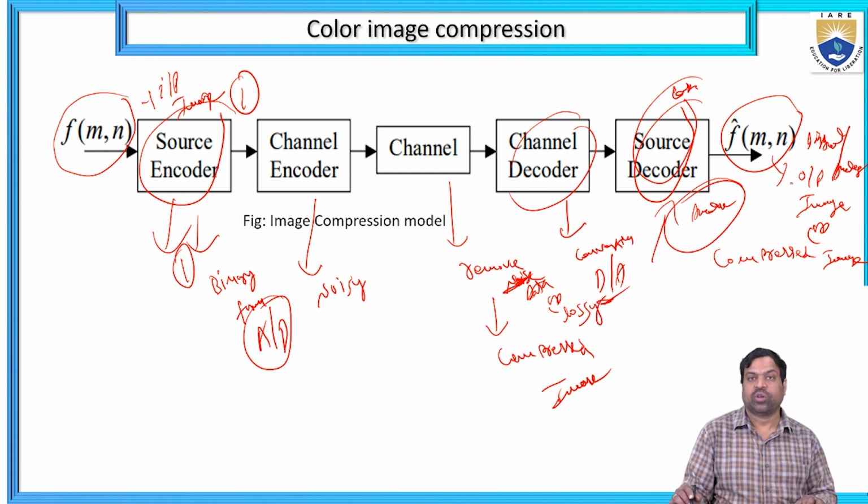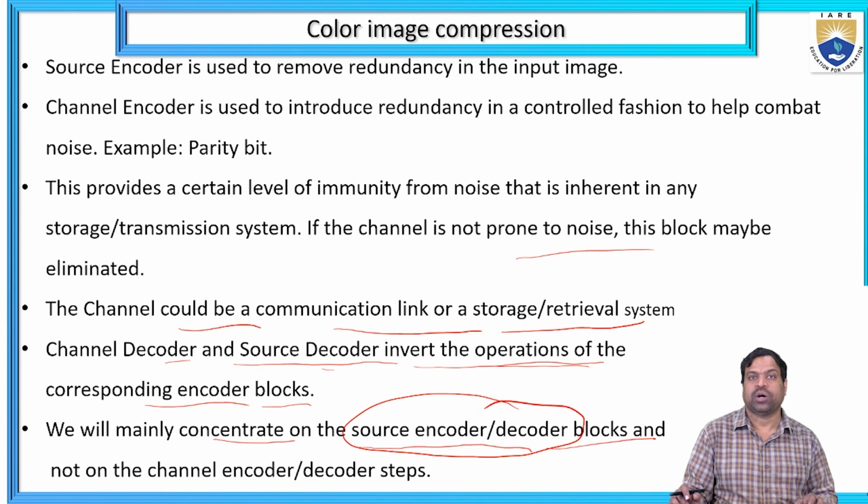Channel decoder means digital to analog conversion. Source decoder means the final output of the image, with or without data loss. That is the decompressed image, f dash of m comma n.